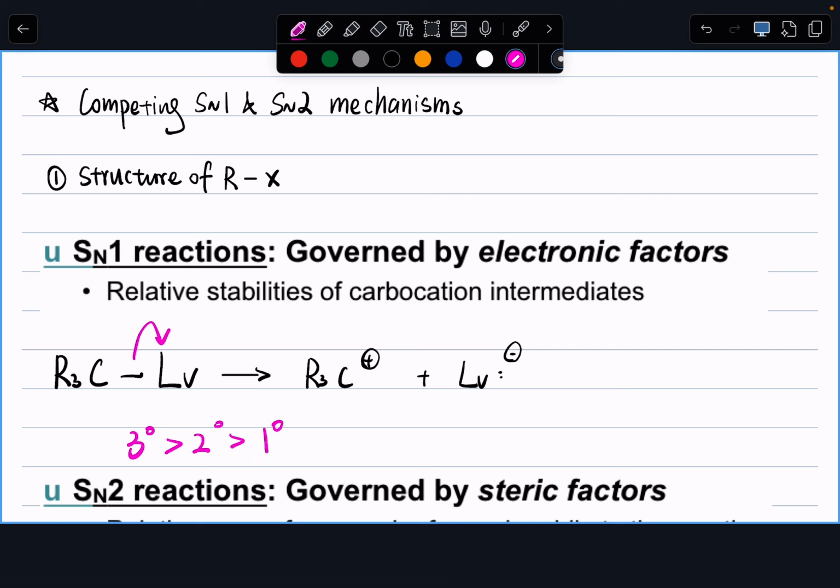Depending on how much substitution you have on your tetravalent carbon, the more substitution you have, the more likely it undergoes the SN1 reaction mechanism to form the more stable carbocation intermediate. Secondly, because the SN1 mechanism forms the free carbocation intermediate, we also have potential carbocation rearrangement.